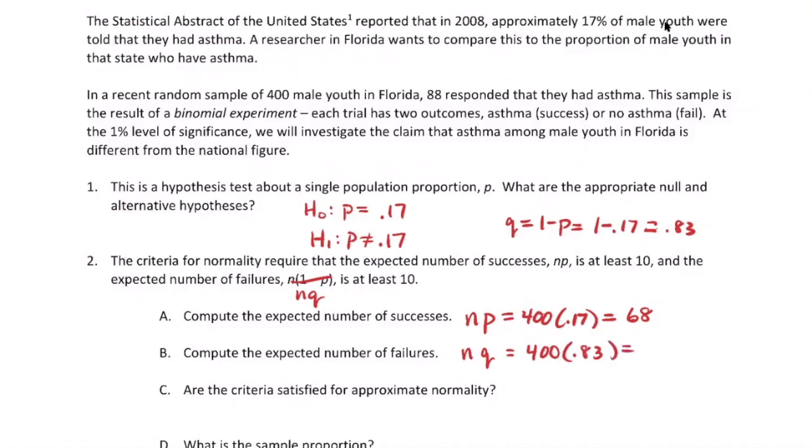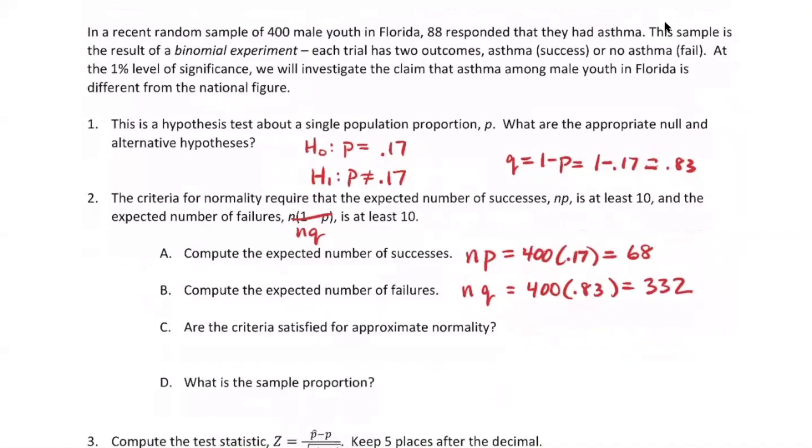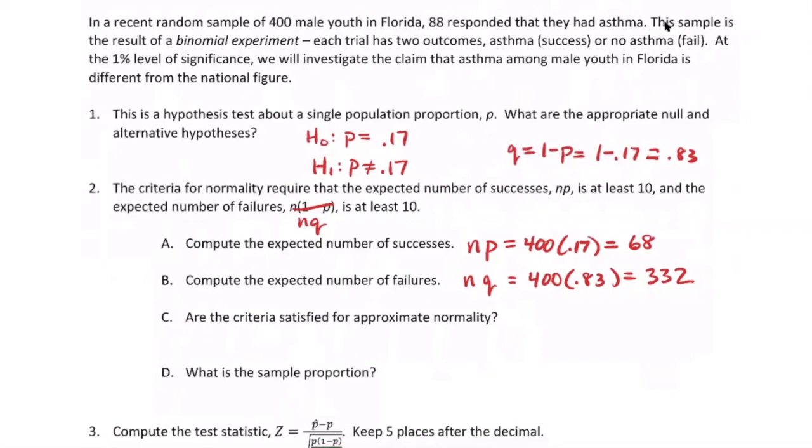I'm guessing this is going to be 332, because the expected kids with asthma and the expected kids without asthma should add up to 400, since there are 400 kids. As long as these are both greater than or equal to 10, the criteria are satisfied. Any questions?